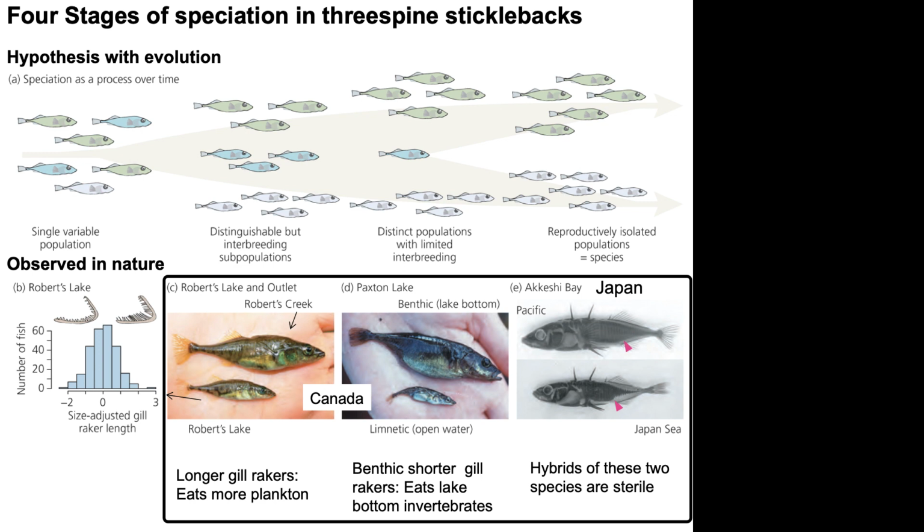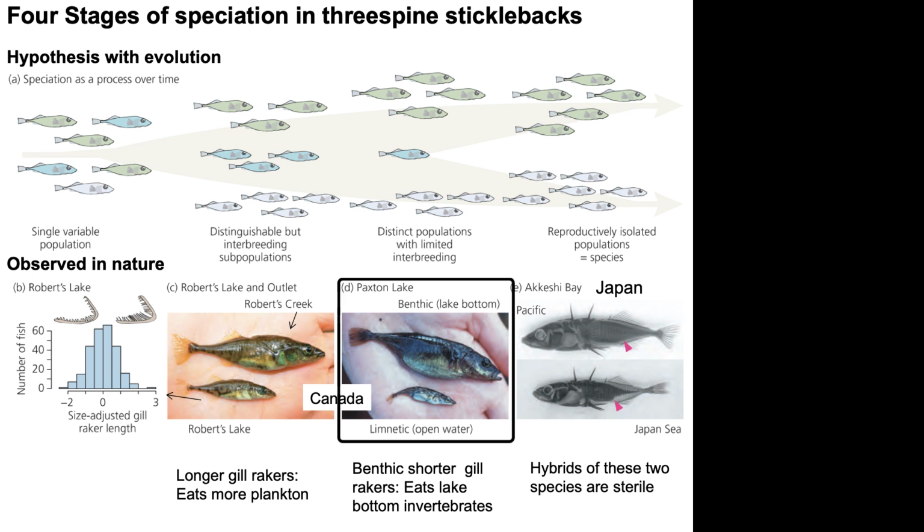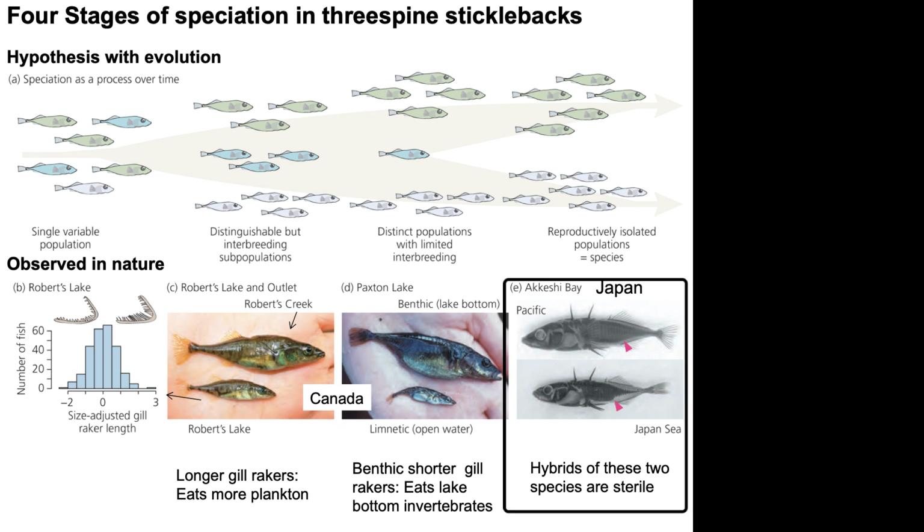And here's one example of stickleback, where one has longer gill rakers because it eats more plankton, and a second subpopulation in Canada that eats more bottom invertebrates, so it has the shorter gill rakers. When you make hybrids from these, which you can, the hybrids are sterile, so they are now two different species.